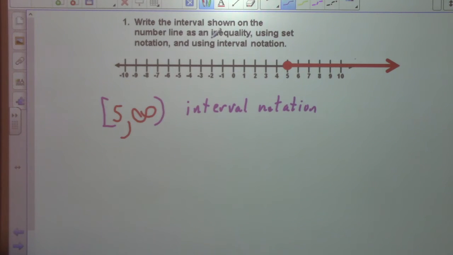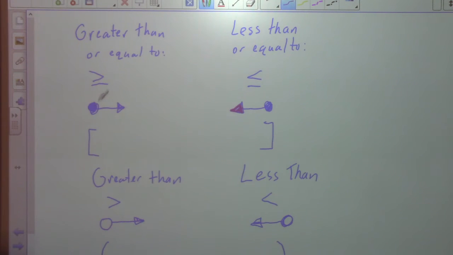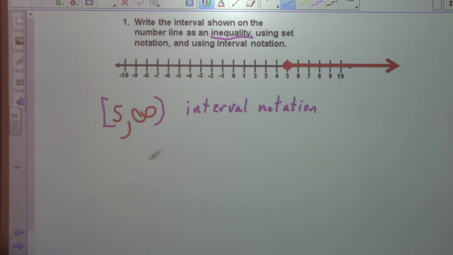Here we have this 5, so what we have is greater than or equal to 5. The way we write this is x is greater than or equal to 5, but less than what? Infinity.